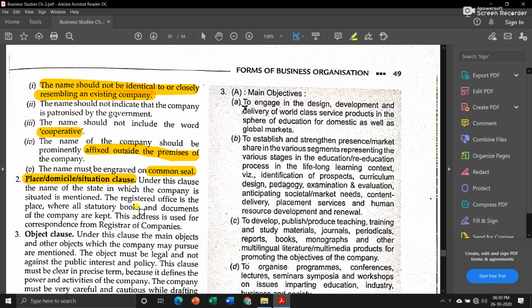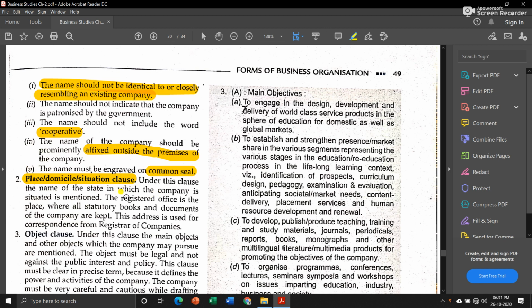Now a company can be situated in various places. Let's take the example of the Geo company. In India they have lots of offices spread all over the country, isn't it? Each state or each city will have an office. So it is important to mention which office is the main office of the company.